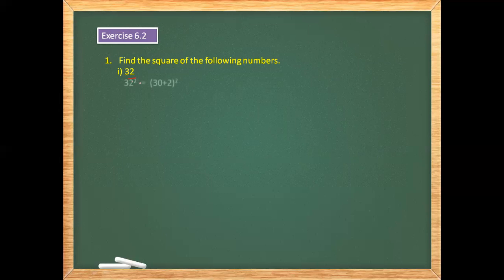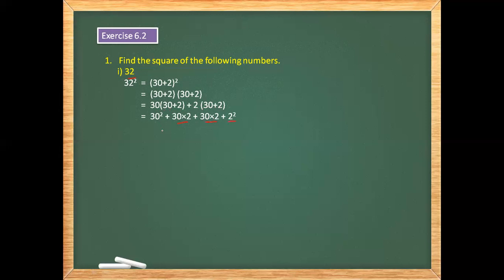So 32 square I can write as (30 plus 2) the whole square. That is (30 plus 2) into (30 plus 2), so 30 into the bracket plus 2 into the second bracket. Using the distributive law, 30 into 30 is 30 square, 30 into 2, then again 30 into 2, and 2 into 2 is 2 square.